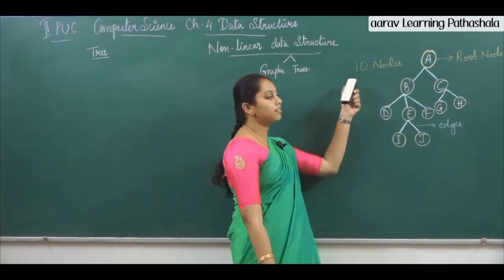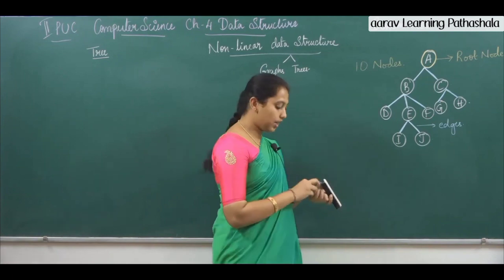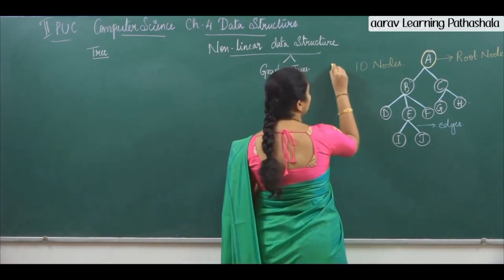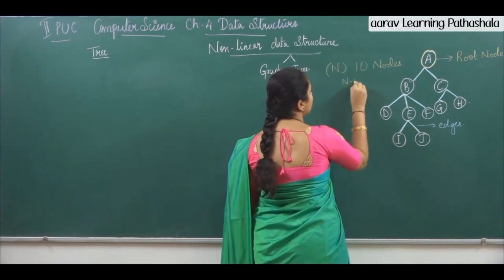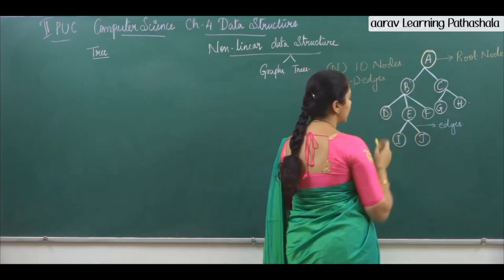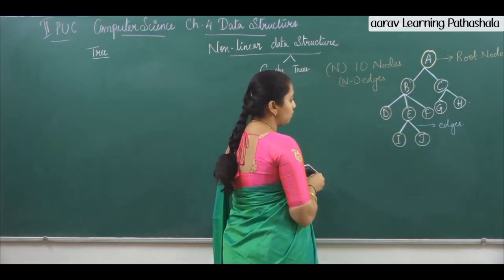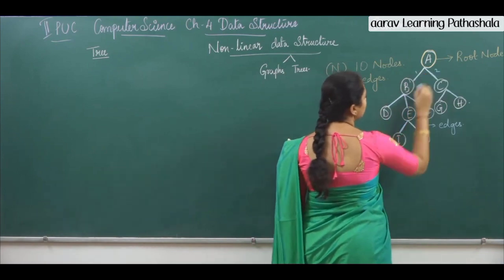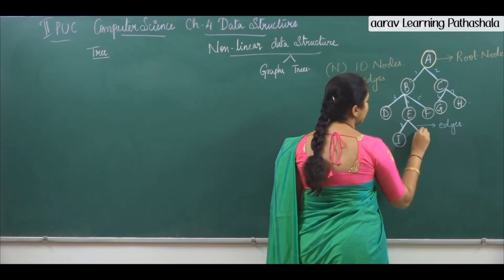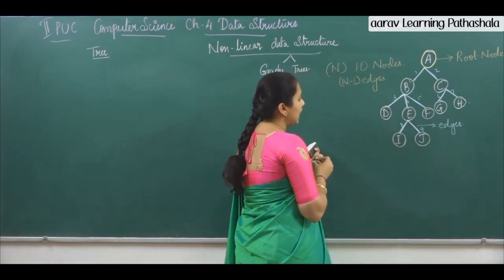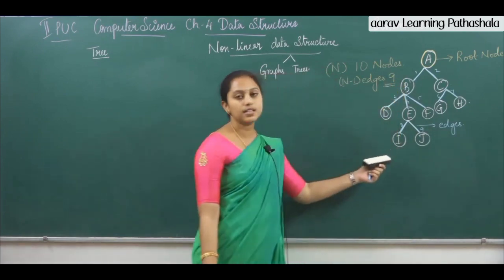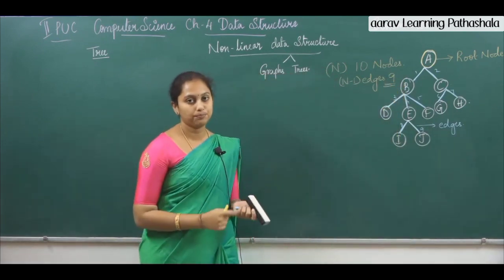If we have n number of nodes in a tree, then we have n minus 1 number of edges. So now count how many edges are there. We have n minus 1, that is 9. 1, 2, 3, 4, 5, 6, 7, 8 and 9. We have 9 edges in this tree data structure.